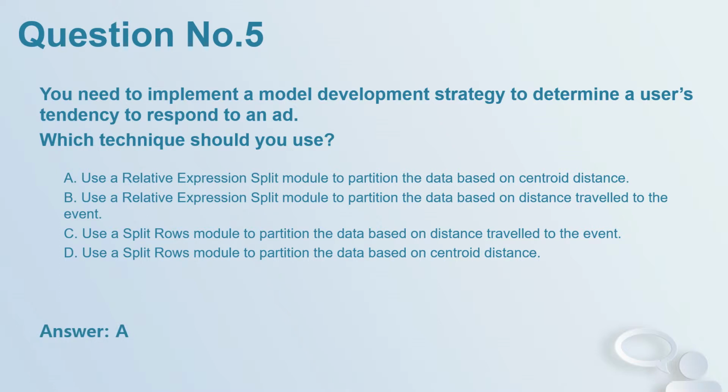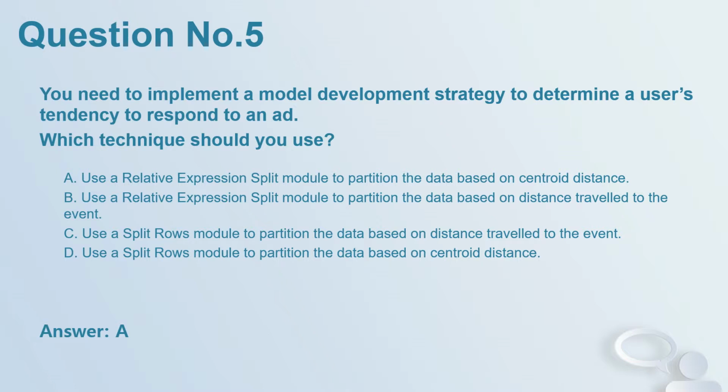Question number 5. You need to implement a model development strategy to determine a user's tendency to respond to an ad. Which technique should you use? A. Use a relative expression split module to partition the data based on centroid distance.